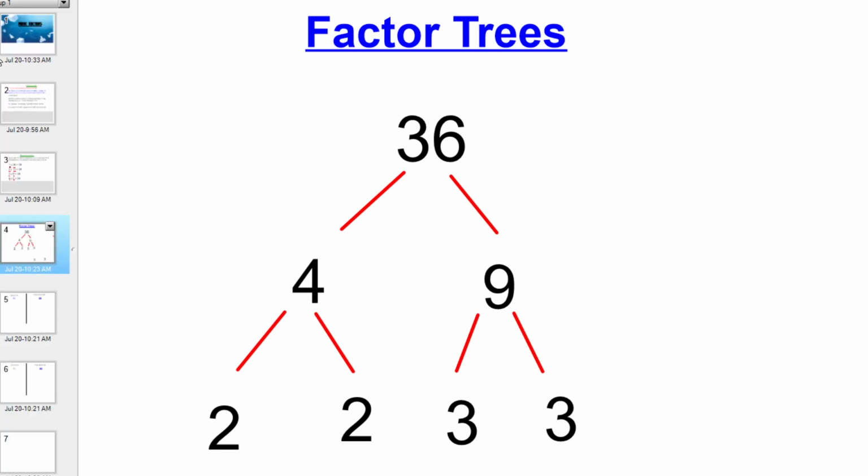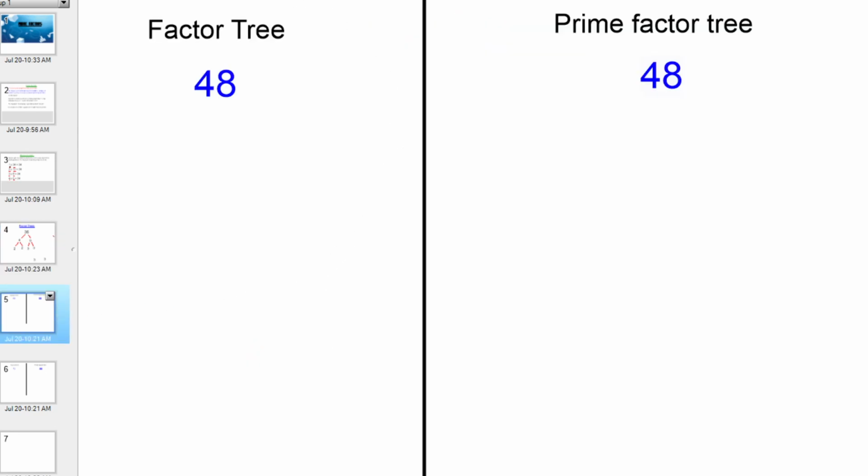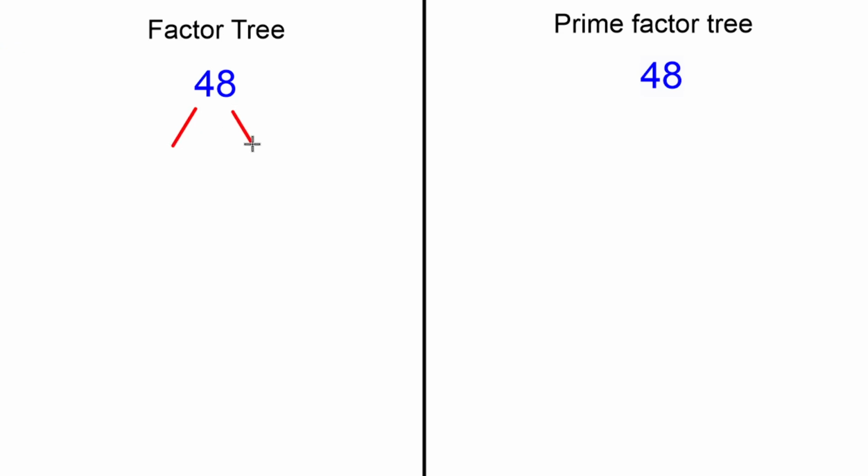Okay, now I'm going to use a different number, but this time I'm going to do the same steps, but one is a factor tree and one is a prime factor tree. So for example, the number 48. I might make my text a bit smaller now. Okay, so in the number 48, I can do 12 and 4, and I'm going to change the color.